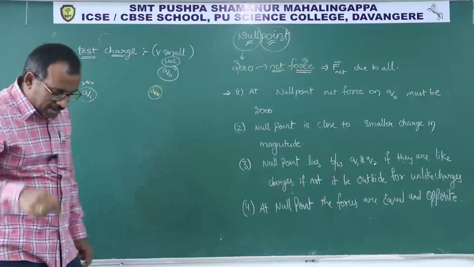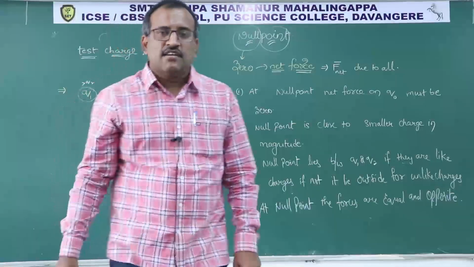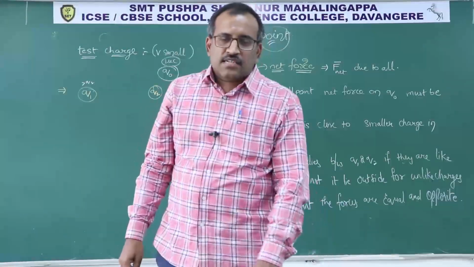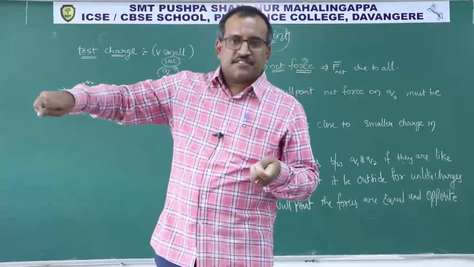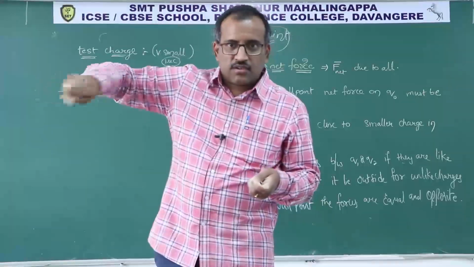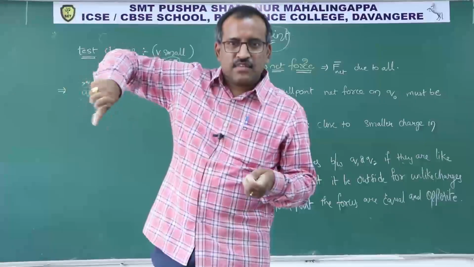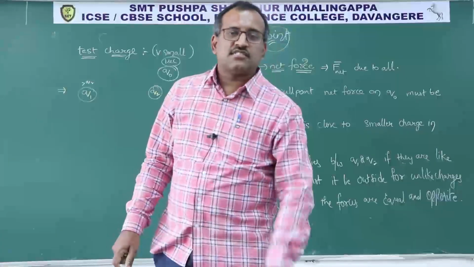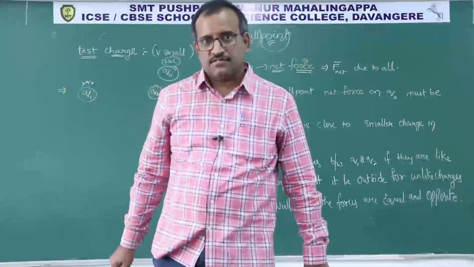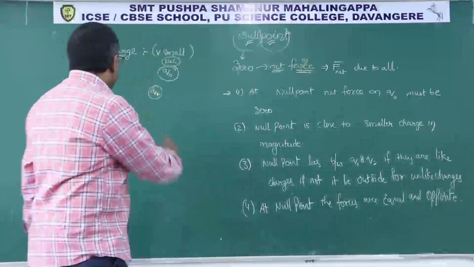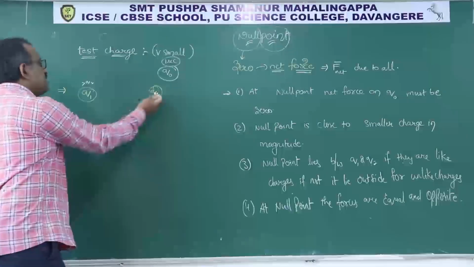Do you remember in your first year you studied center of mass? Center of mass lies close to bigger object, right? Close to the heavier object. But whereas null point lies close to smaller one. Quite opposite. Try to memorize this. Okay, done? So this is Q1 and this is Q2.